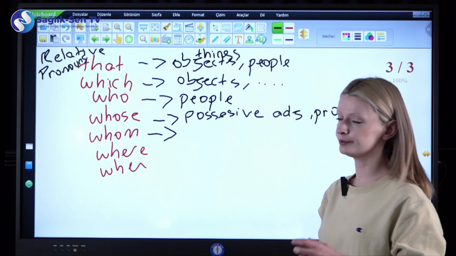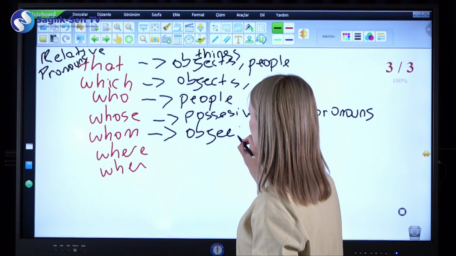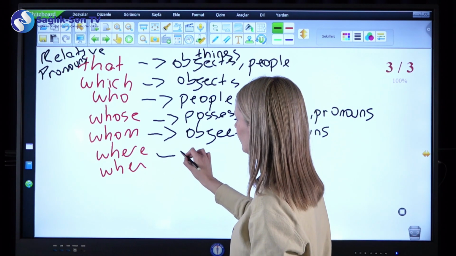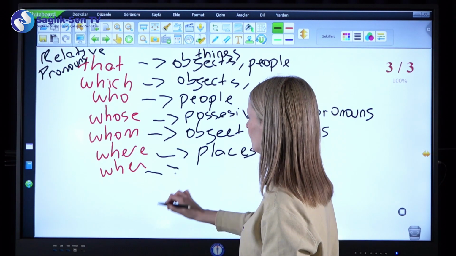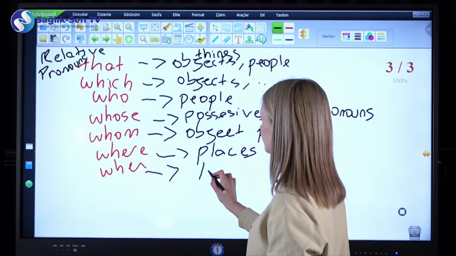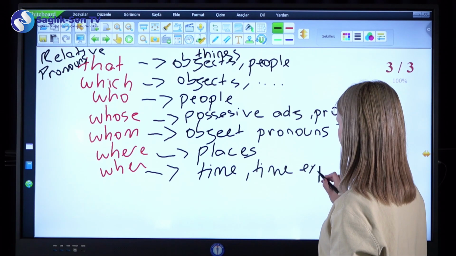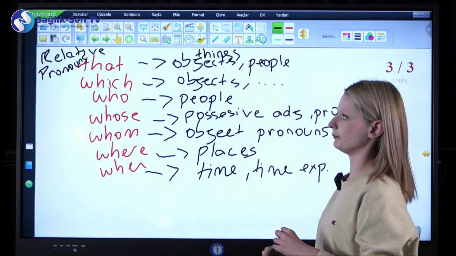We have whom, which we use for object pronouns. We have where to define places, and when to define time or time expressions. So this is basically how we use them.